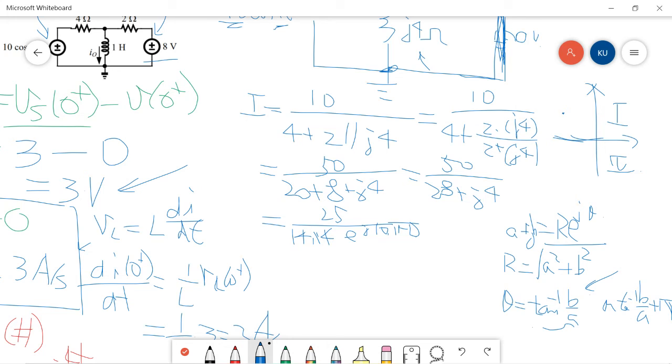Which means that for this case, a is smaller than 0 and b is larger than 0, and in this one, a is smaller than 0 and b is smaller than 0. Then for the second and third quadrant, you need to add the pi.